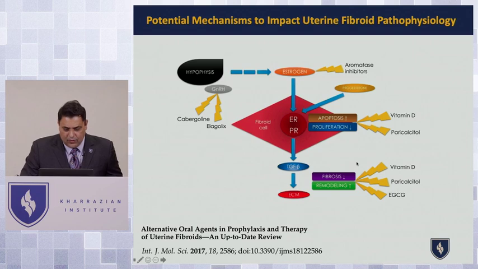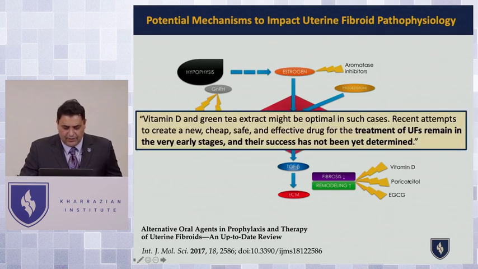This was just a theoretical paper, and to be quite honest, there's not a lot of good research on nutraceuticals to support fibroids. There are only a few listed papers, and these are the ones I'm showing you. So green tea and vitamin D could be promising, and resveratrol could also be promising.